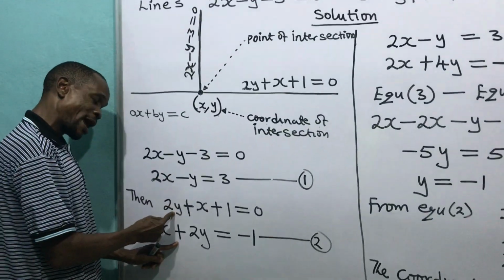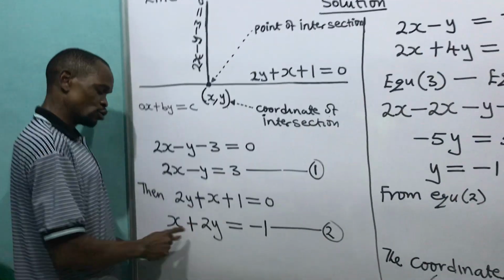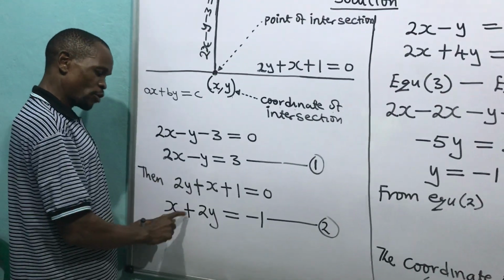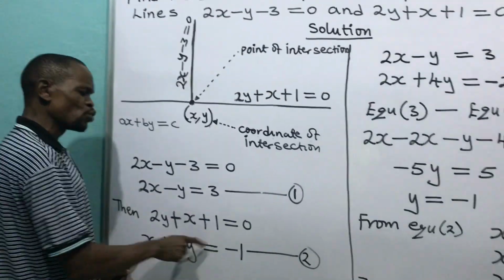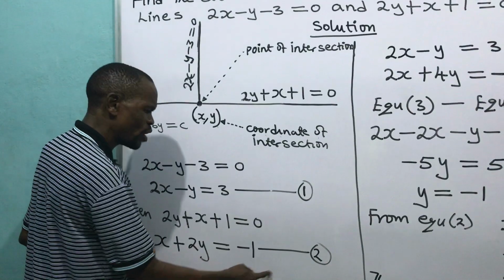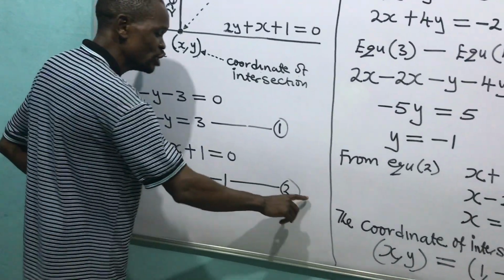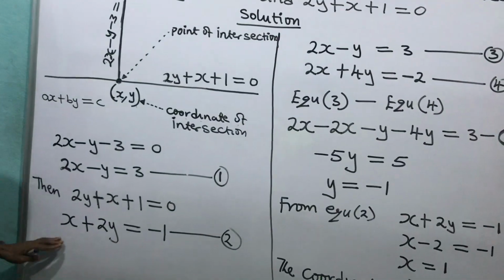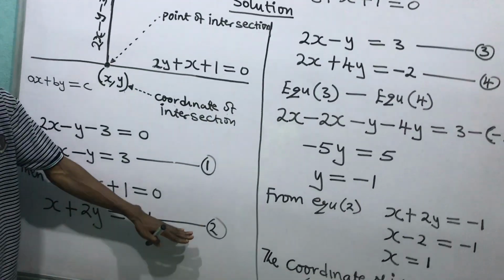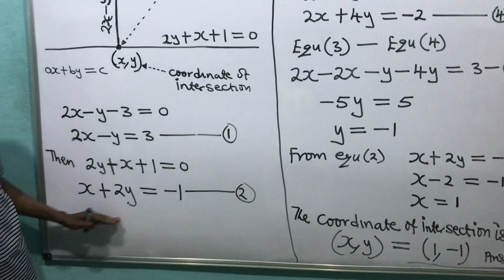So I bring this x here and plus 2y. Then taking this 1 over there becomes minus 1. I have arranged it in the simultaneous equation format, and I call it equation 2.